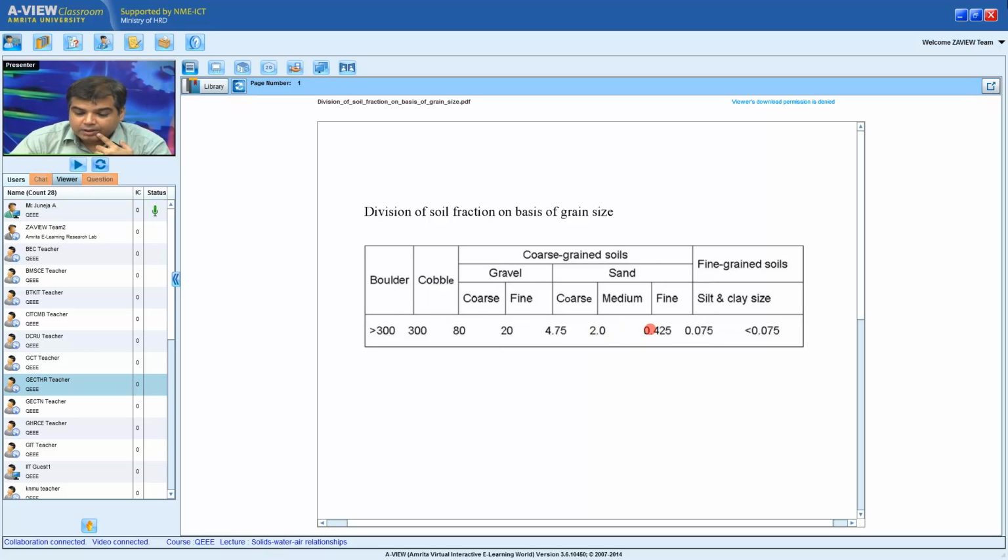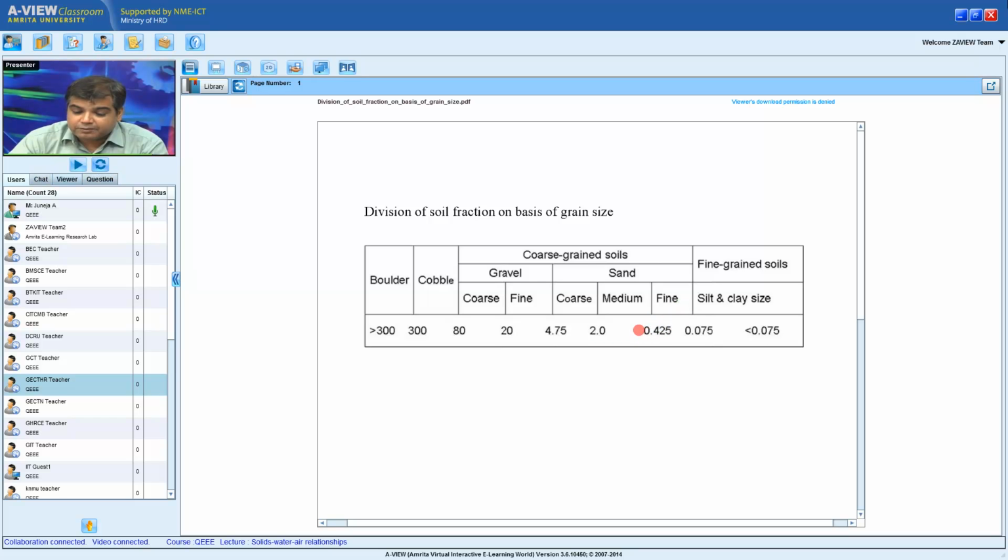Usually, 0.425 millimeter is an important number to remember. When we do some laboratory tests, this is an important sieve size or particle size below which, or finer than which, we normally do a lot of tests for index property determination.